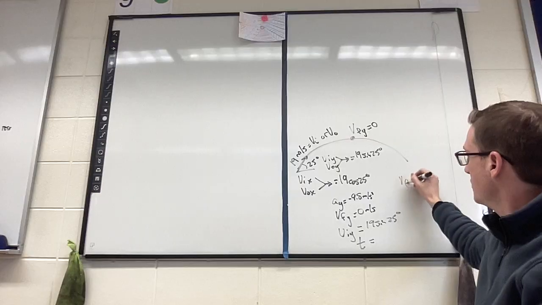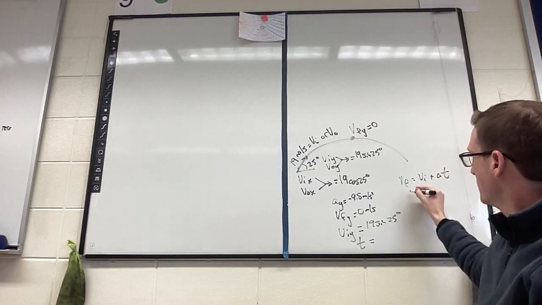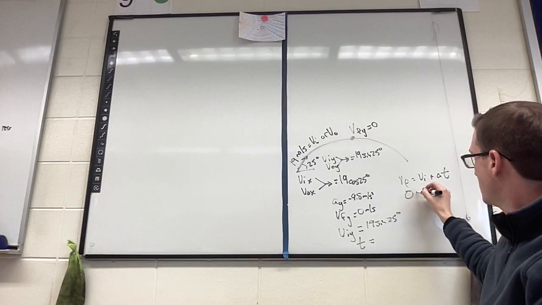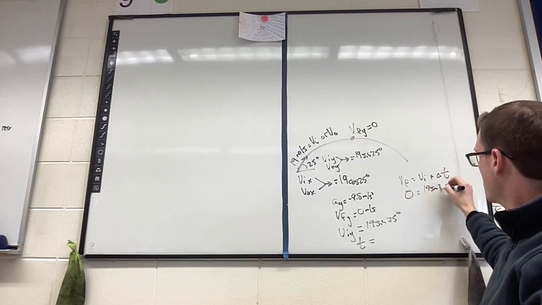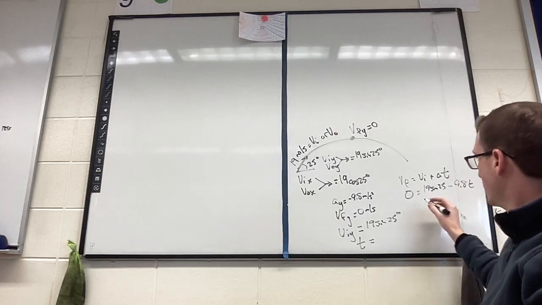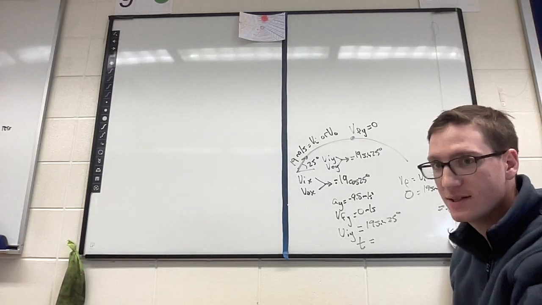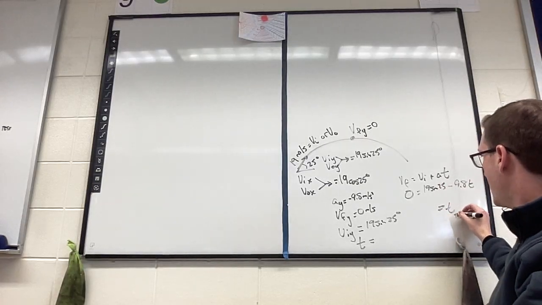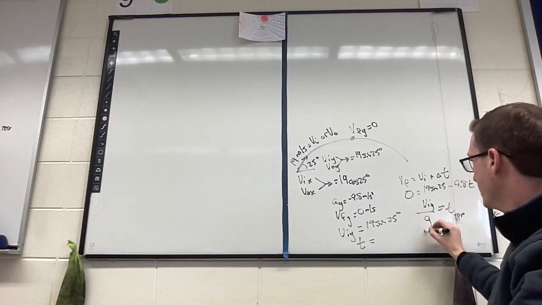So that's going to be VF equals VI plus AT. 0 equals 19 sine 25 minus 9.8t. So you might have seen an equation that said something like t to the top equals v initial y over g.